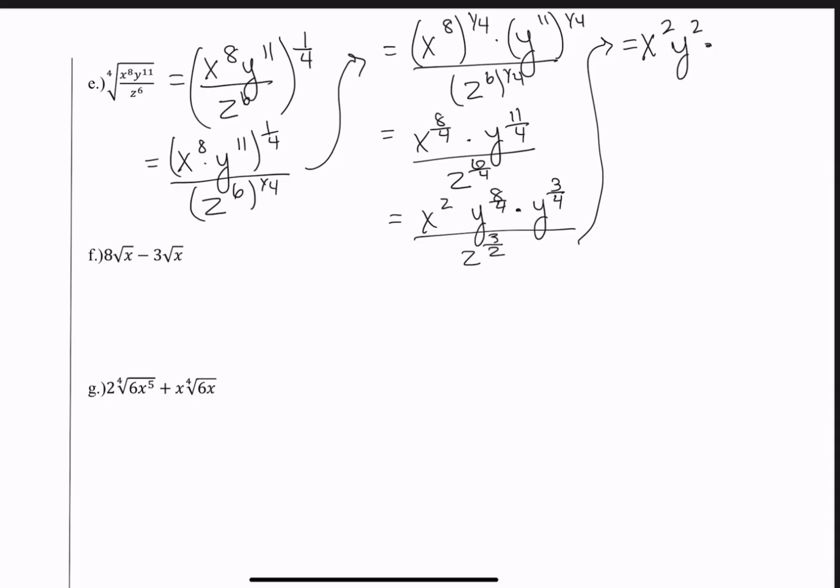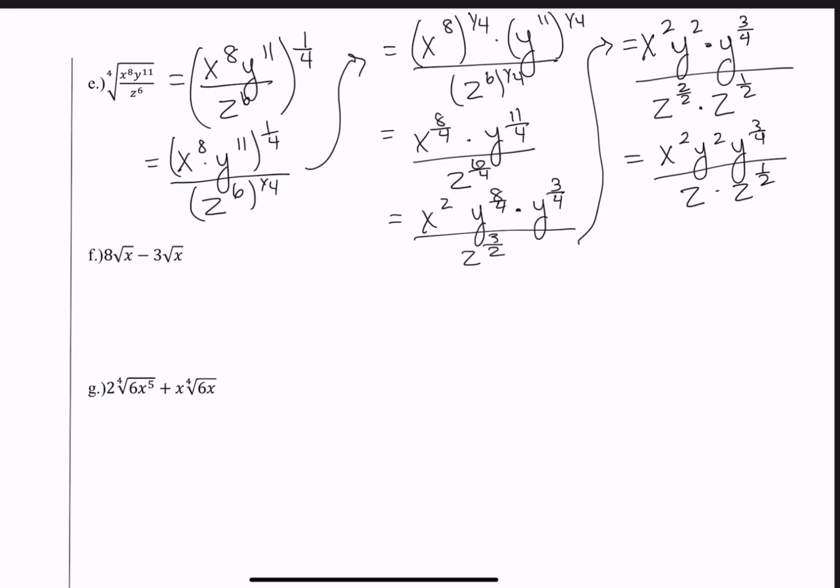That's completely simplified. It's no longer an improper fraction. In my denominator, however, I do have an improper fraction. How many wholes can I get with 3 halves? Well, I can get z to the 2/2 times another z to the 1/2, which gives me a total of 3 halves. So completely simplified, I'm going to end up with x squared, y to the 3/4, a z, and then a z to the 1/2.